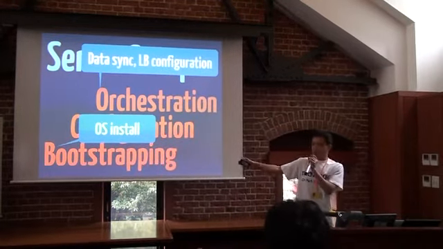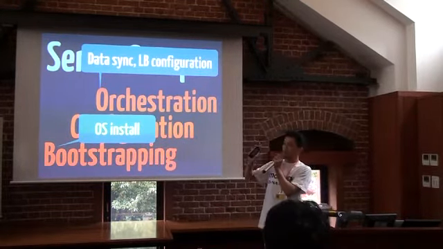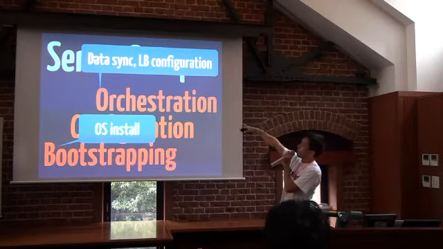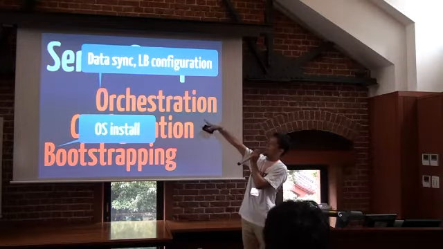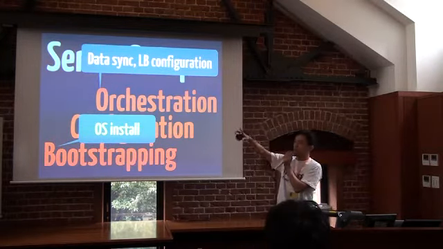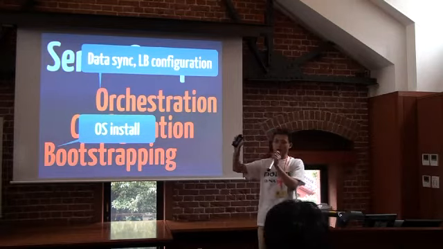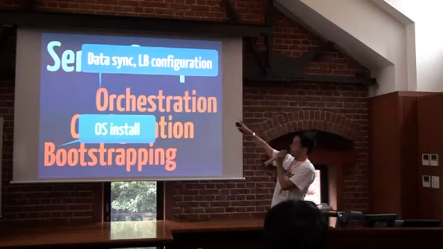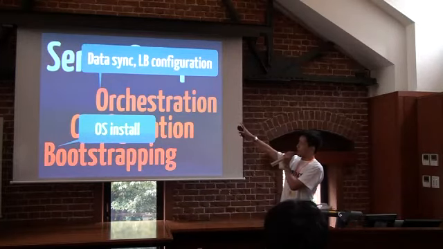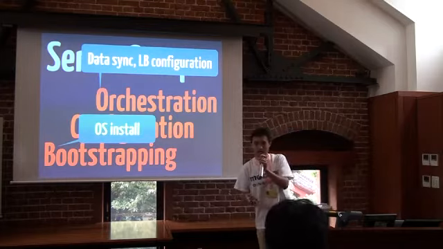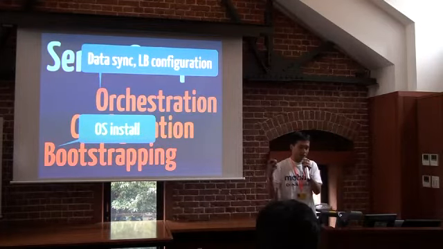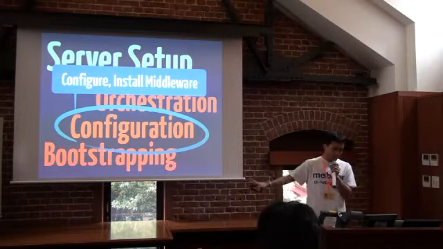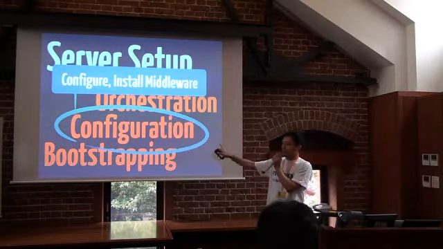Bootstrapping means installing the operating system, and orchestration means, for example for database servers, you should sync the data for a new MySQL server or something, or for web servers you should add the load balancer. Then you can add the new server to the service. Then configuration is tutorials.